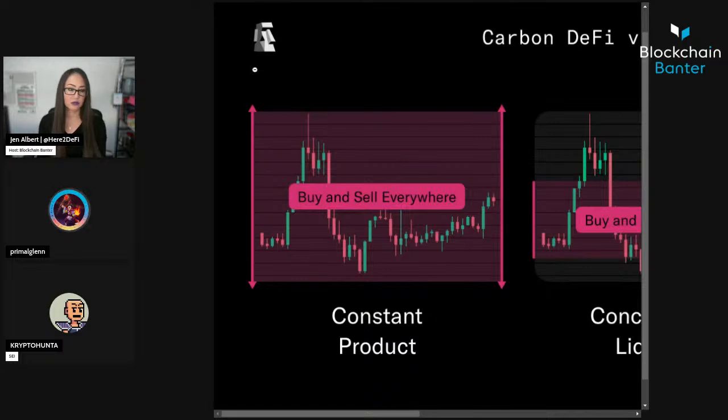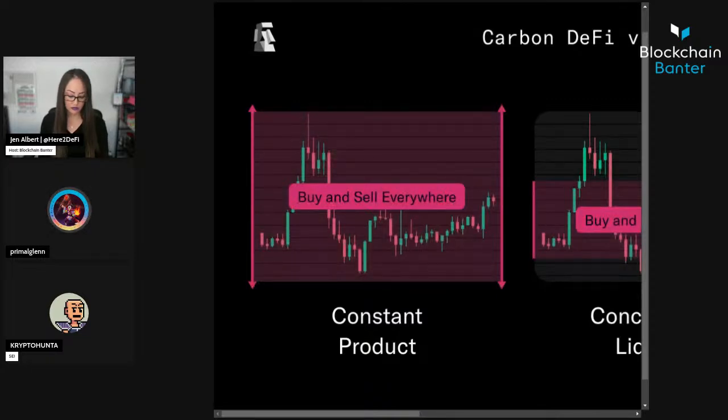Your liquidity gets distributed across the entire price spectrum, meaning anytime someone is looking to buy or sell, they can use the liquidity that you're making available for that trading pair. This is what we mean by constant product liquidity. You're distributing that liquidity from 0 to infinity, and then anyone can use it to buy or sell into. So this is your typical DEXs.